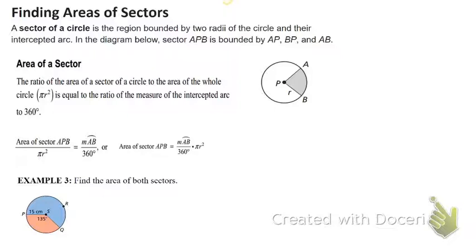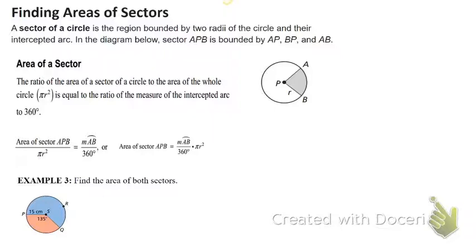So let's look at example 3. We're asked to find the area of both the blue sector and the red sector. So I'm just going to start with the smaller sector first, and we can see that that sector is PSQ, and we can see that it's 135 degrees, and we can set up our equation.